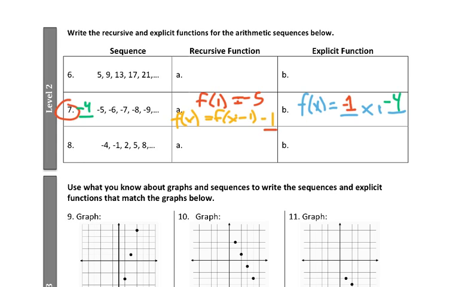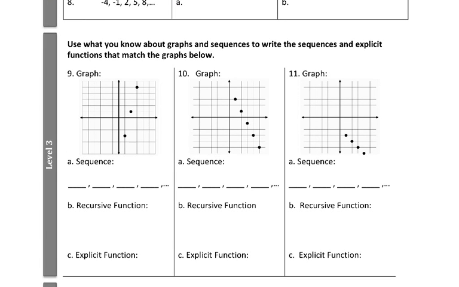Alright, why don't I go ahead and help you get started on graph 9. So remember, these dots are representing where they are, like the x number represents their placement in the sequence. So that's our first number, second number, third number, and fourth number, and so on. And the height that they are on the graph, that tells us what their value is.